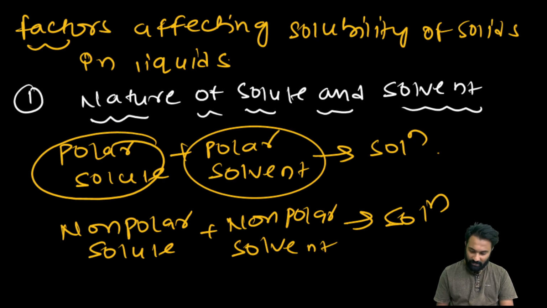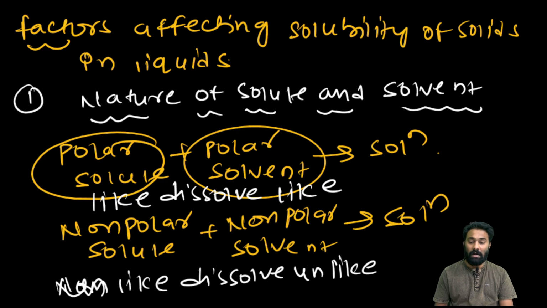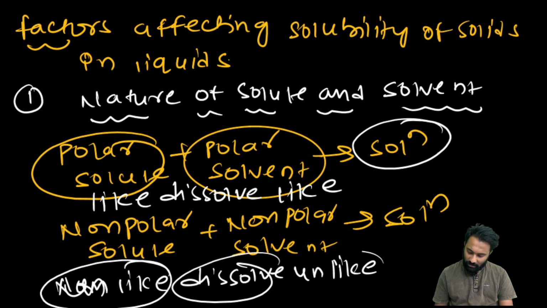Means I can say like dissolves like, and unlike does not dissolve unlike. Clear? Here polar solute plus polar solvent gives a high solubility solution, or the solution appears more quickly. Clear? And like dissolves like, non-polar solvent dissolves non-polar.